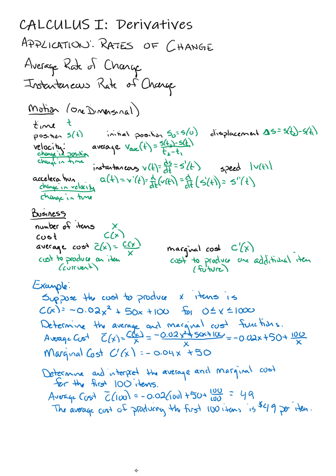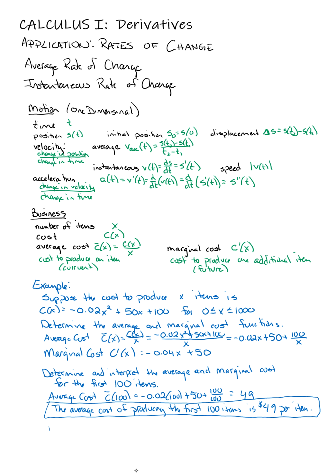And now I realize we weren't told this is in dollars. It would be whatever the units that were given. We'll assume for this situation that it's going to be in dollars. All right, so the average cost of producing the first 100 items is about $49.50 per item.